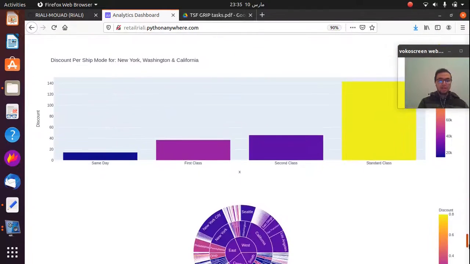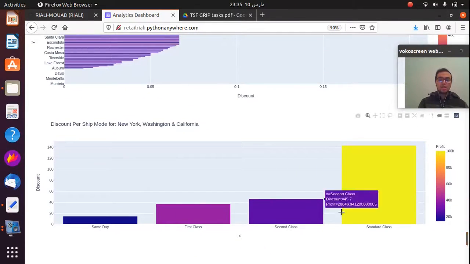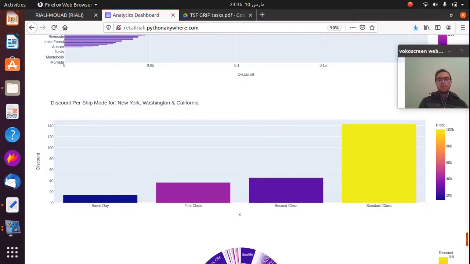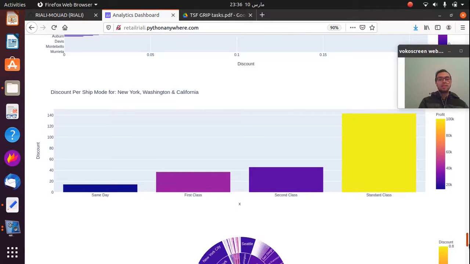Here we can say that the standard ship mode is still the most general ship mode in these states too, New York, Washington, and California. So we can eliminate this part of the problem because it's irrelevant for our case.